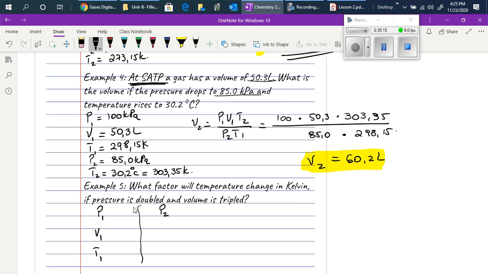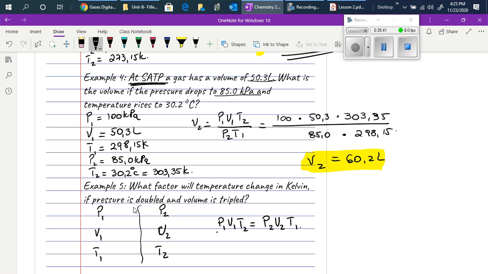And for the second situation, we'll have P2, V2, T2. Now the combined gas law says P1 V1 T2 equals P2 V2 T1.